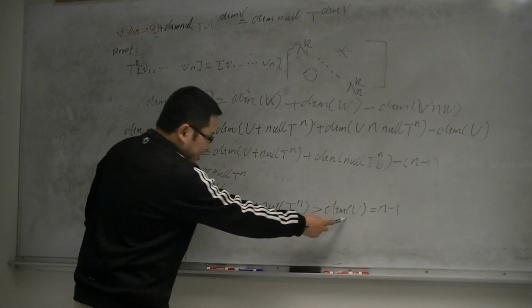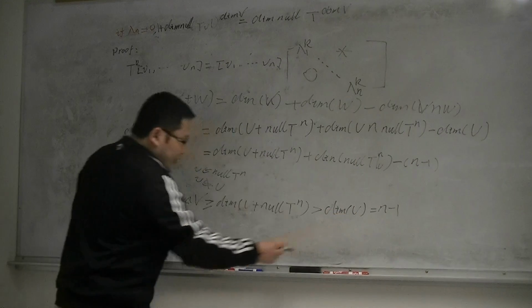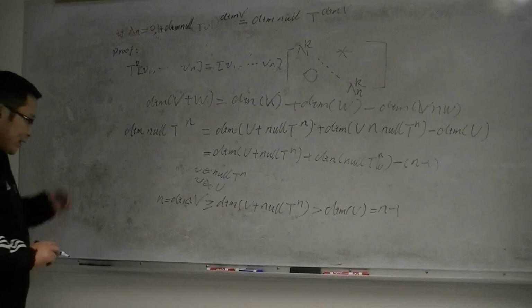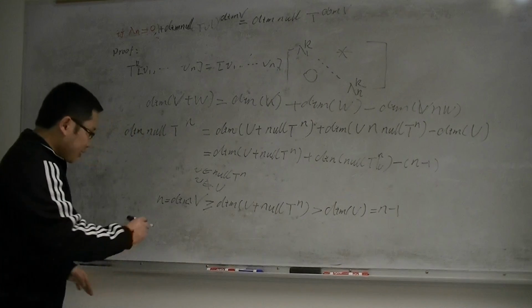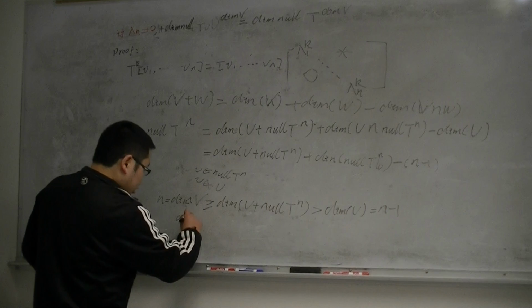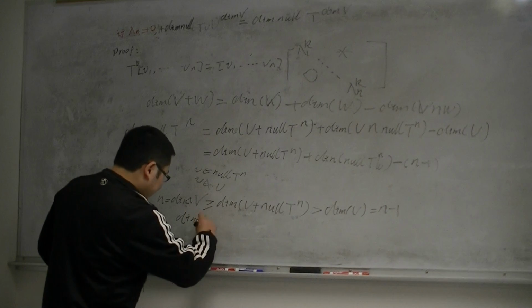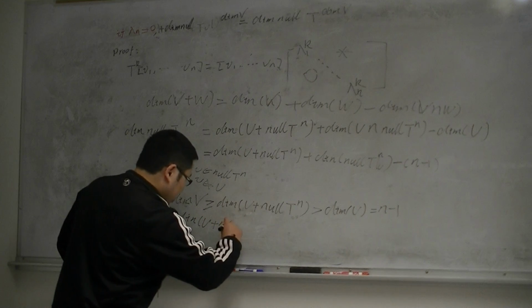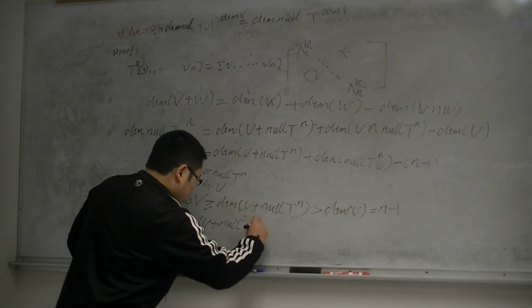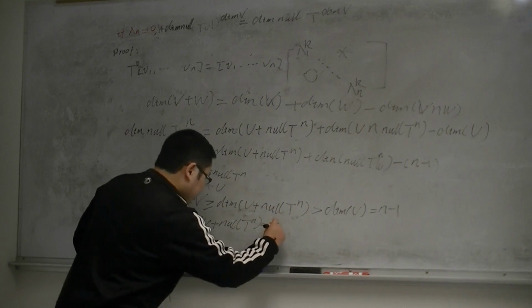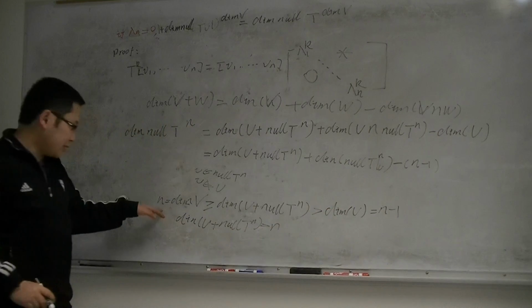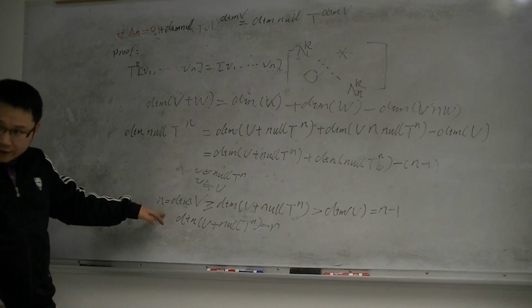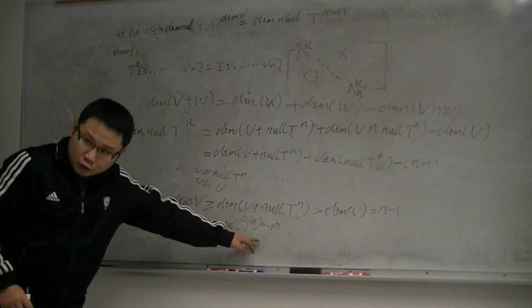And the dimension of U is equal to n-1. So we can get that this is equal to n. Because it's bigger than n minus 1 and less than or equal to n, this must be equal to n.